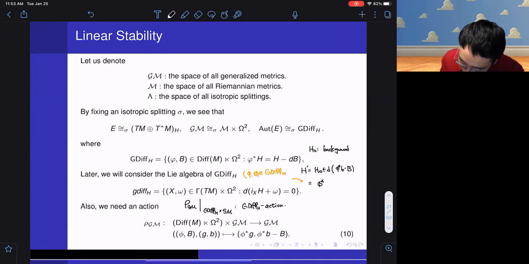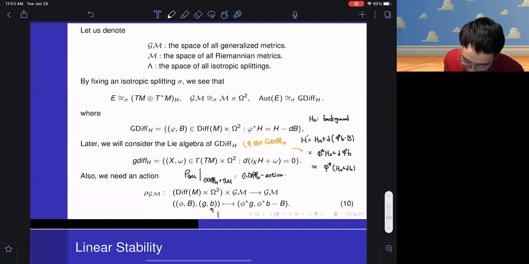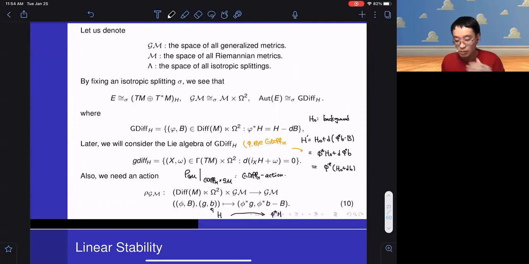So we have V star H0 plus d V star B, which tells you that it will be V star of H0 plus dB. If I say this is the level corresponding to a 3-form H, then the 3-form corresponding to V star B minus B is nothing but the pullback of H.